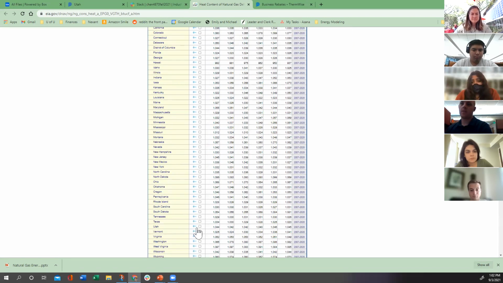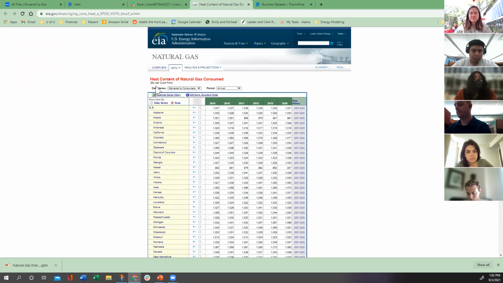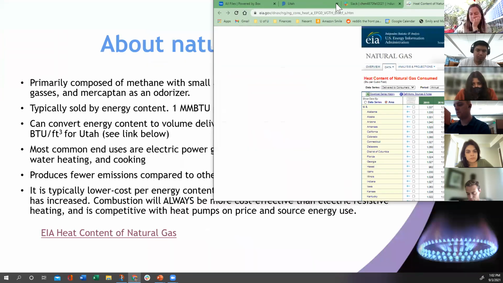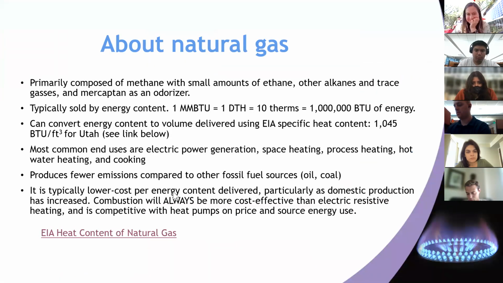So if we look down here at Utah, you'll see that for 2020, the average energy content of natural gas delivered in the state of Utah was 1,045 BTUs per cubic foot of natural gas. So that's a resource to convert between volume and energy content of gas.